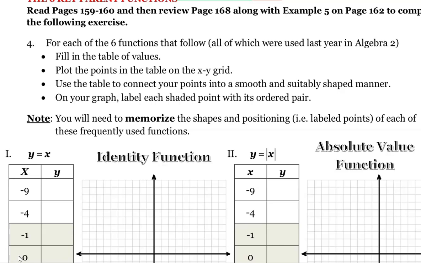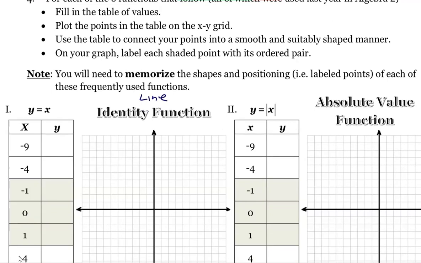Here is, it's called an identity function. You know it as a line. Okay, so in this situation, it's called identity because when you put in the x value in your little function machine, you get back the exact same, identical, if you will, y value.